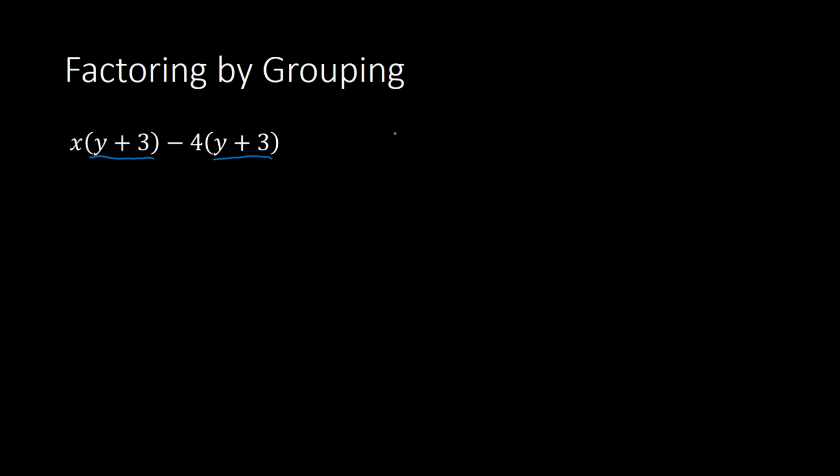So what I can do is pull out, or factor, the y plus 3, and then I'm left with something in parentheses, just like we had in the other examples. So what is left in parentheses? Well, in this scenario, when you're grouping, it's just going to be the x and the minus 4. So whatever's left over is going to be in the other parentheses. So my solution would simply be y plus 3 times x minus 4.